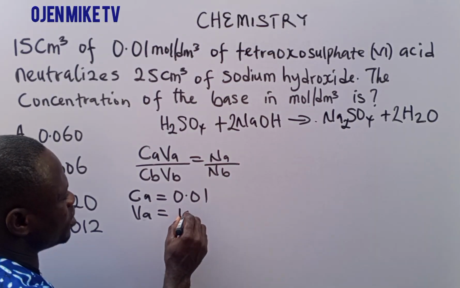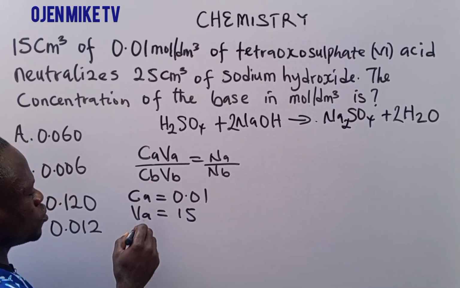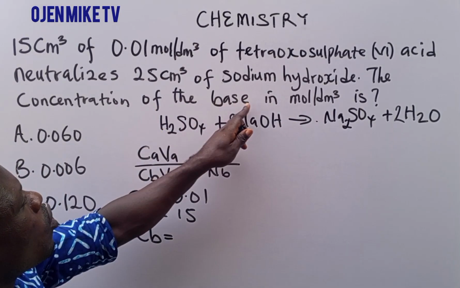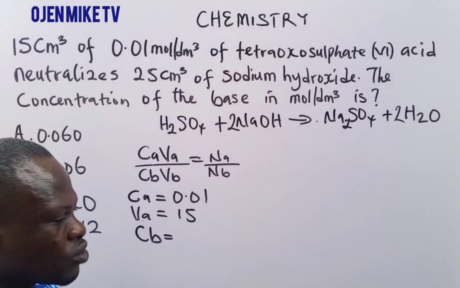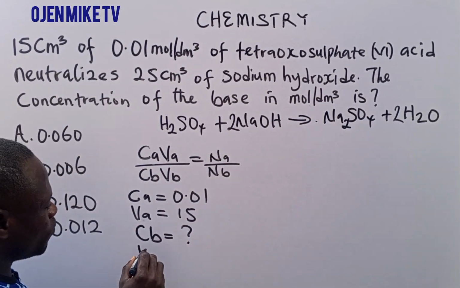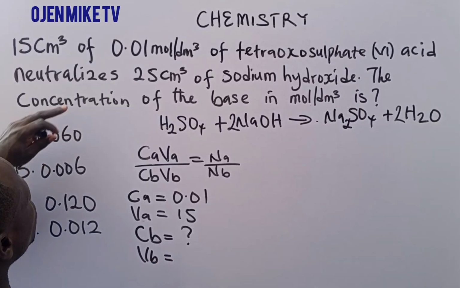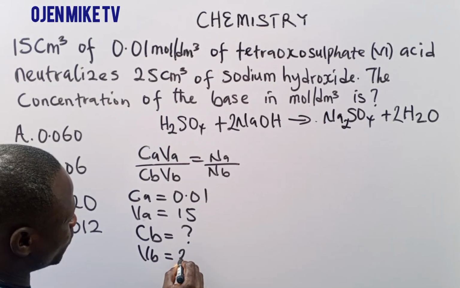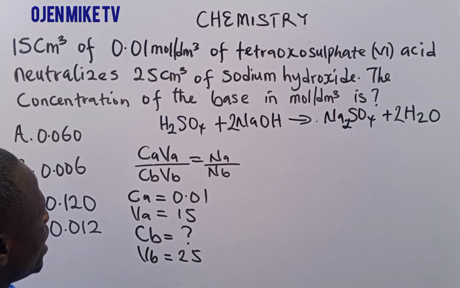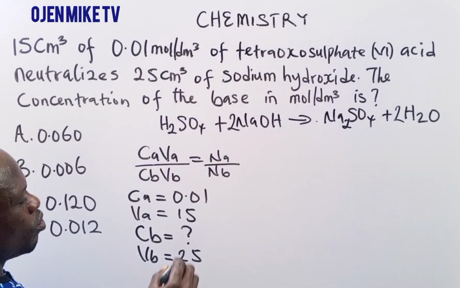So we have 25. We now come to the concentration of base, Cb, which we are asked to calculate. Volume of base, Vb, is what we are given as 25. Are you following?